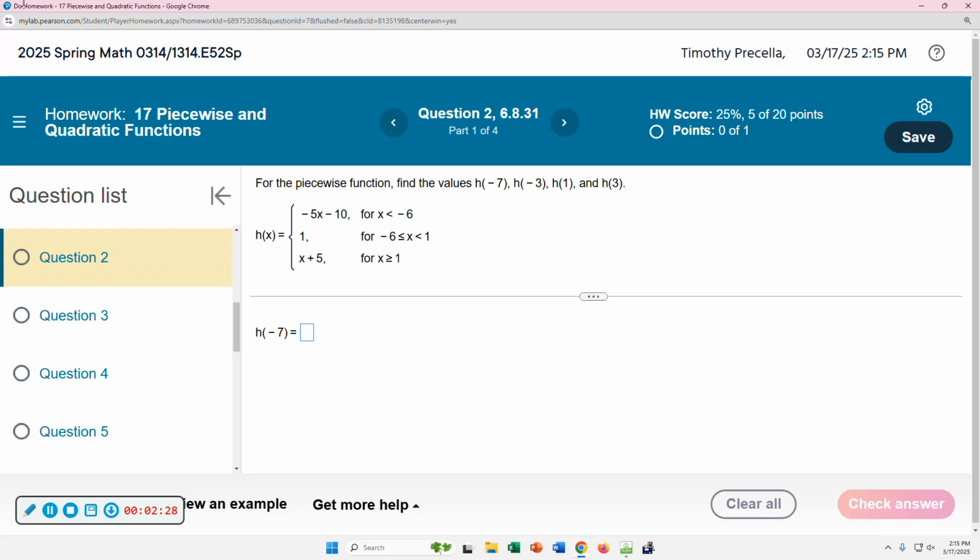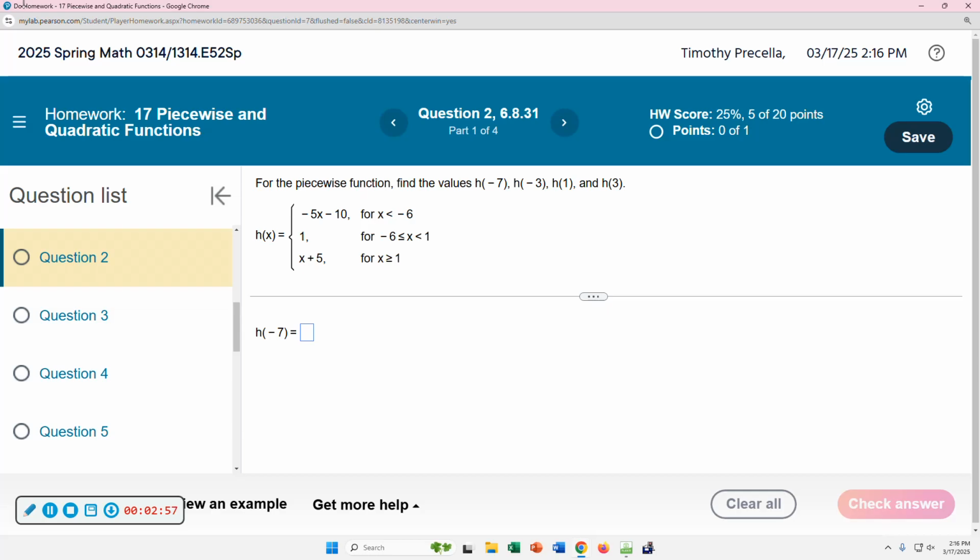You'll use that first piece if the x value in the parentheses is less than negative 6. We'll use the piece y equals 1 if the x value is between negative 6 and positive 1, including negative 6 but not including 1.